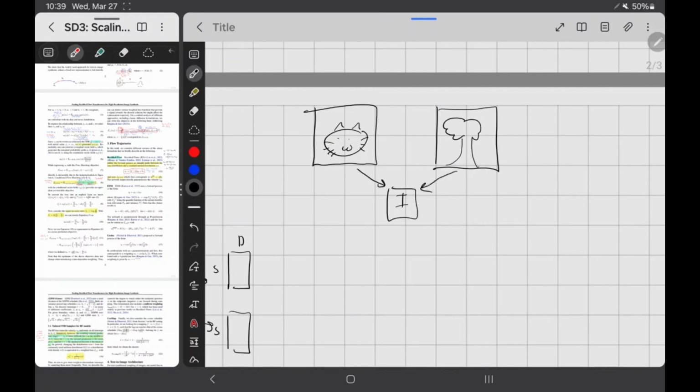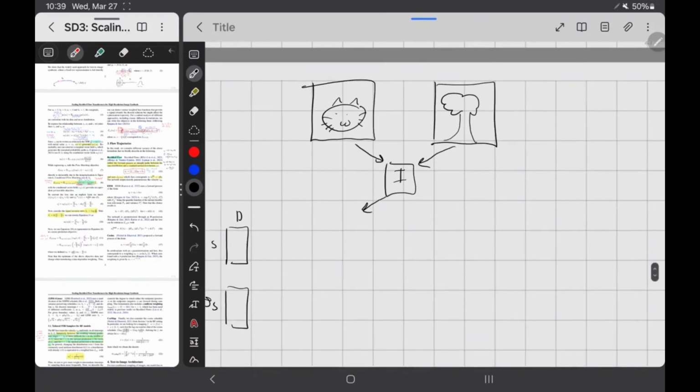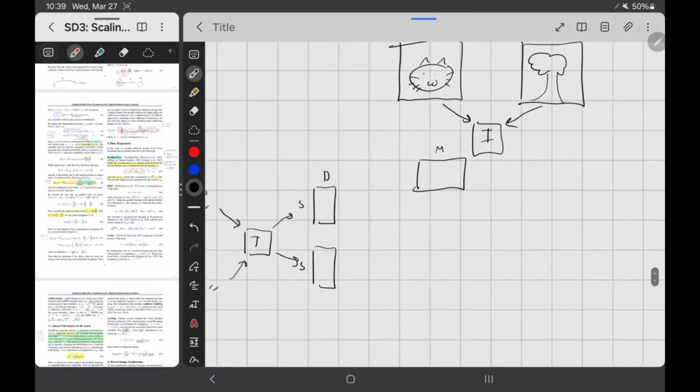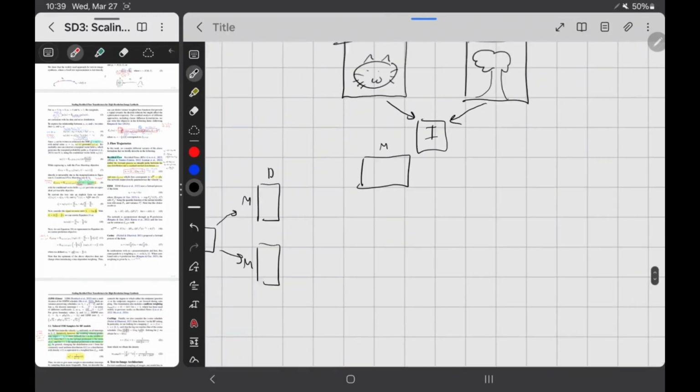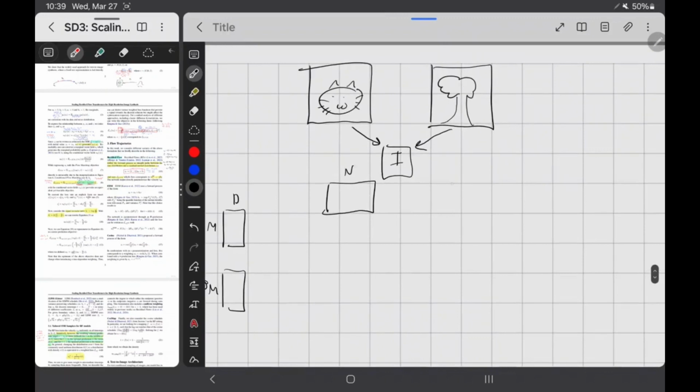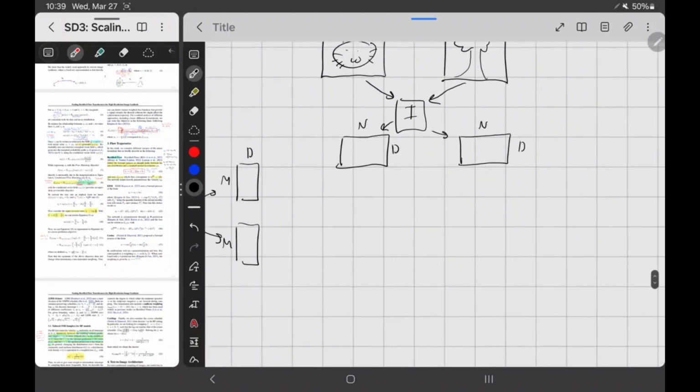And this will also output, so this one will correspond to this one here. This will output a sequence, say, we'll call this M actually. So M is the sequence length equal to 4, and this will be, say, N. Like this. So N, just to show that these can be different.